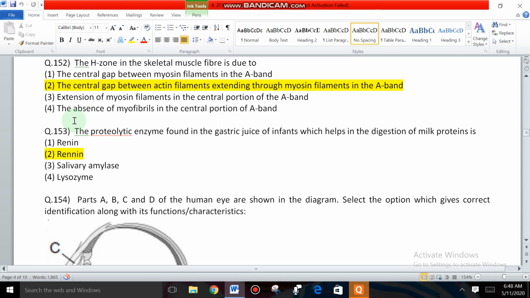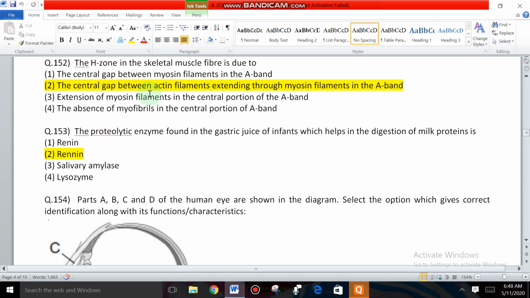Most people will get confused with the fourth option, the absence of myofibrils in the central portion of the A band. Absence of myofibrils, how is it possible? In this case, what is present? Myosin is there, but actin is not there. So what is the correct answer?